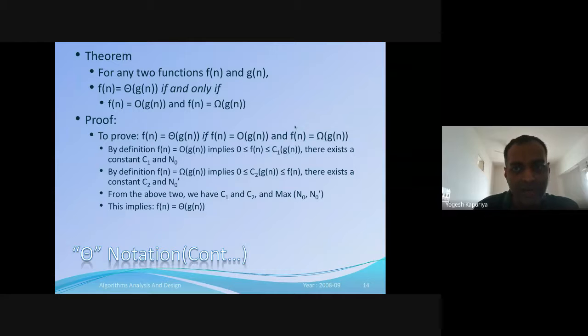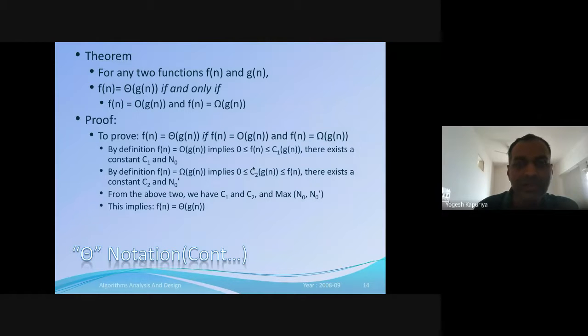Similarly, I also say that Fn is equal to big omega of Gn. Then again by definition, this is also true. Right? So by definition, it implies that I have some constant C2 and constant n0 dash for which this is always true.